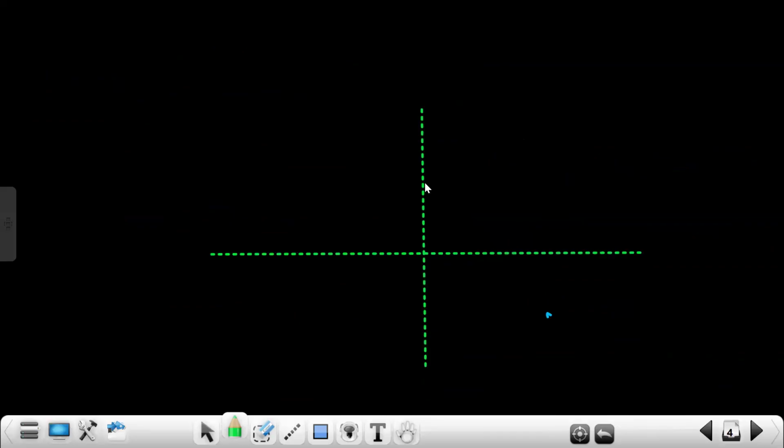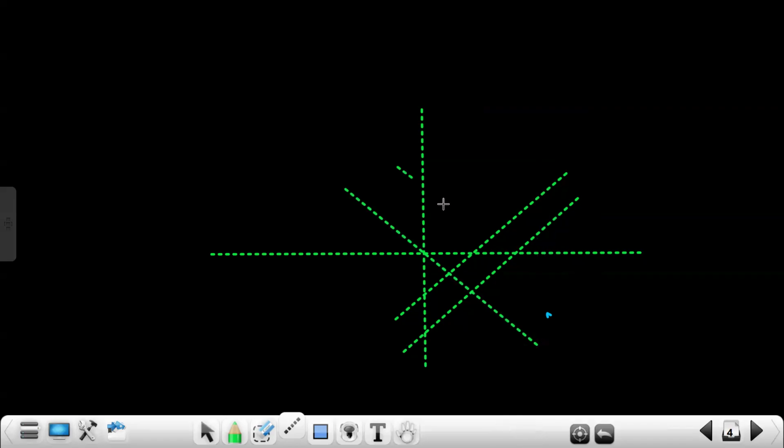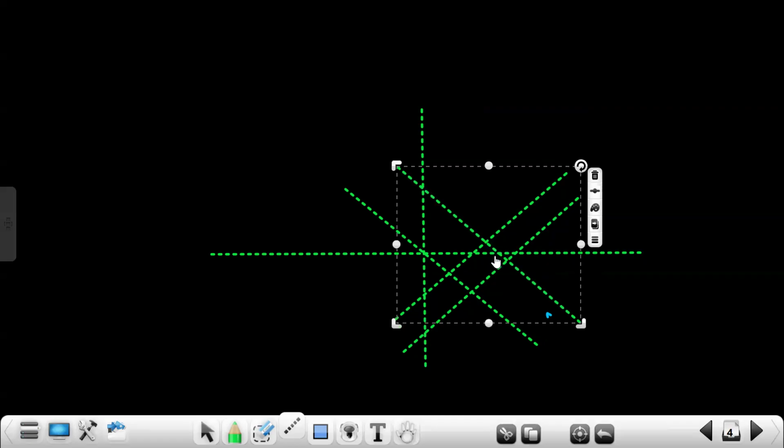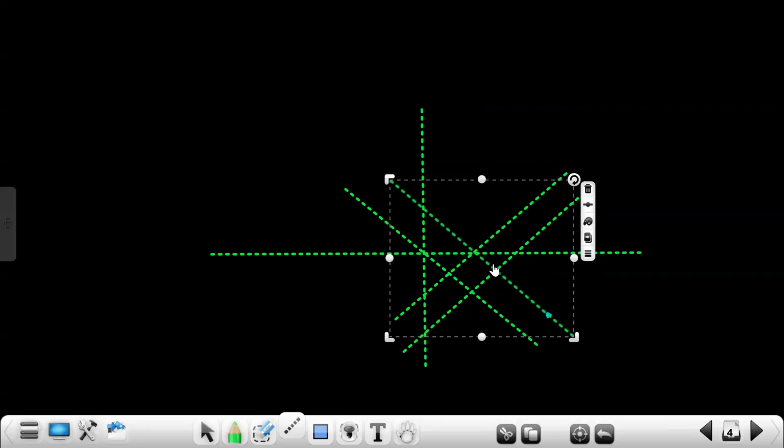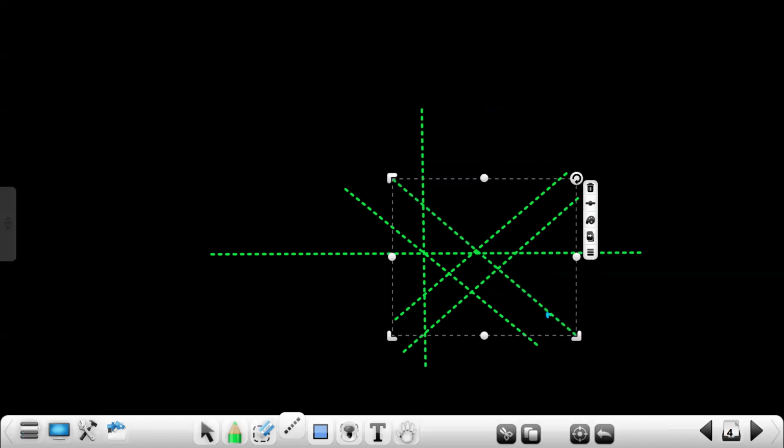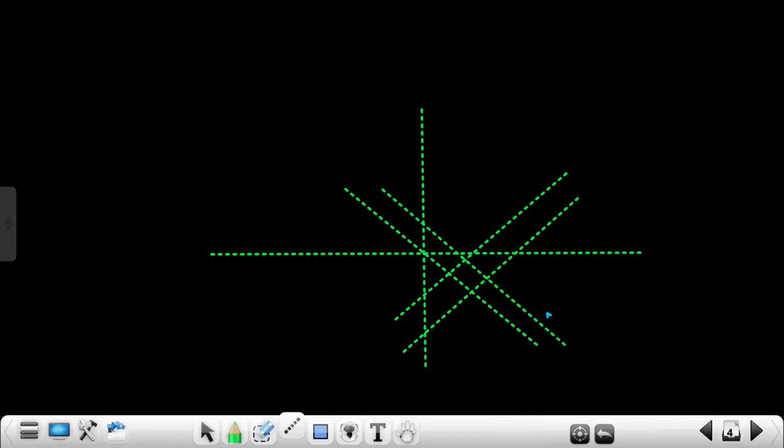So we will draw all these four lines, and the lines would look like parallel lines. It would look something like this.